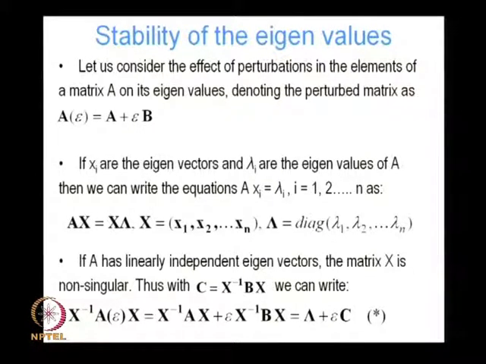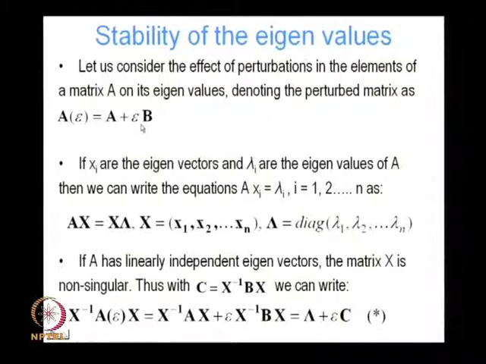Let us consider the effect of perturbations in the elements of a matrix on its eigenvalues, denoting the perturbed matrix as A epsilon, equal to A plus epsilon B. So I have my original matrix, and I apply some perturbation on its elements by scaling a matrix B with a very small number epsilon and adding it to my matrix A. If I know the eigenvalues of A, what does this tell me about the eigenvalues of A epsilon, which is A plus epsilon B?